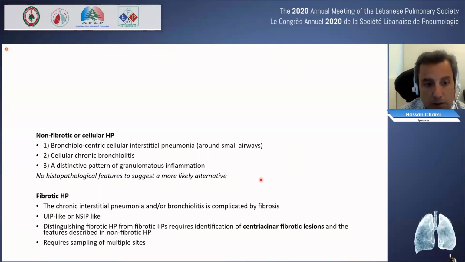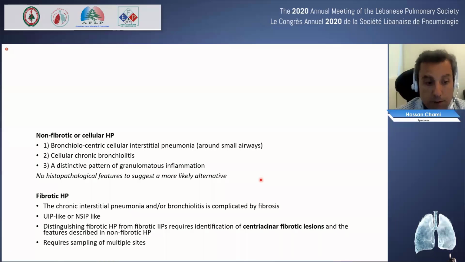And this continues along the bronchioles to get a cellular chronic bronchiolitis. In addition to that, there's a pattern of poorly formed granulomatous inflammation that's also seen on pathology. So once you have this triad, you can have a confident diagnosis of non-fibrotic or cellular HP.